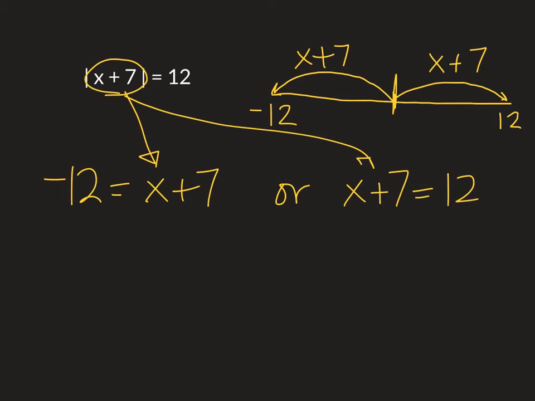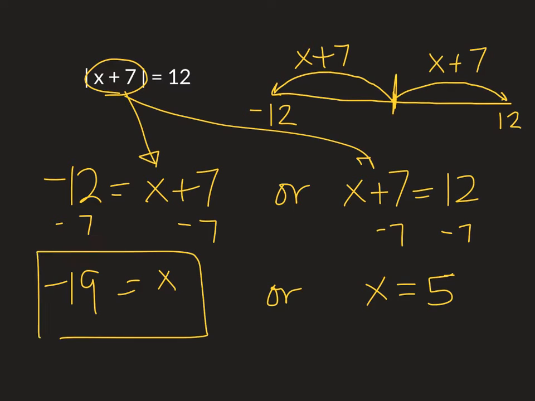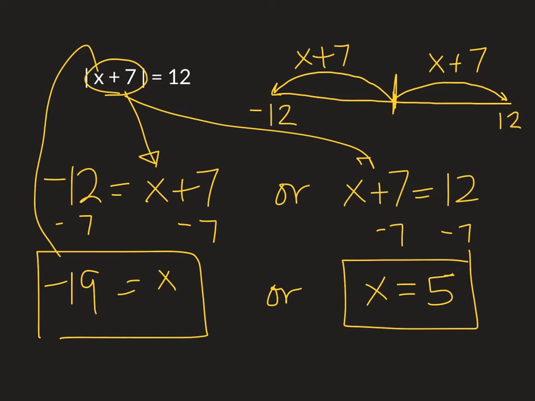Then we solve both of these, and we get negative 19, or positive 5. When we plug them in, add 7 and take the absolute value, that gives us 12. So once again, you set it equal to both the positive and the negative: two separate equations for absolute value. So let's move on.